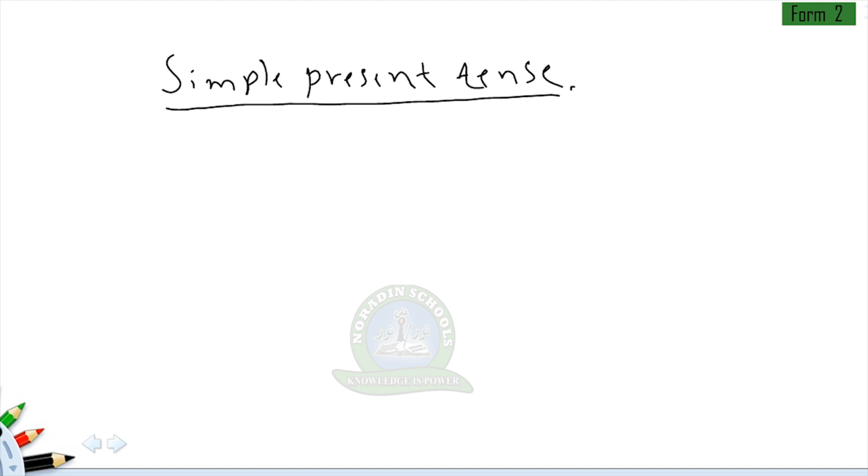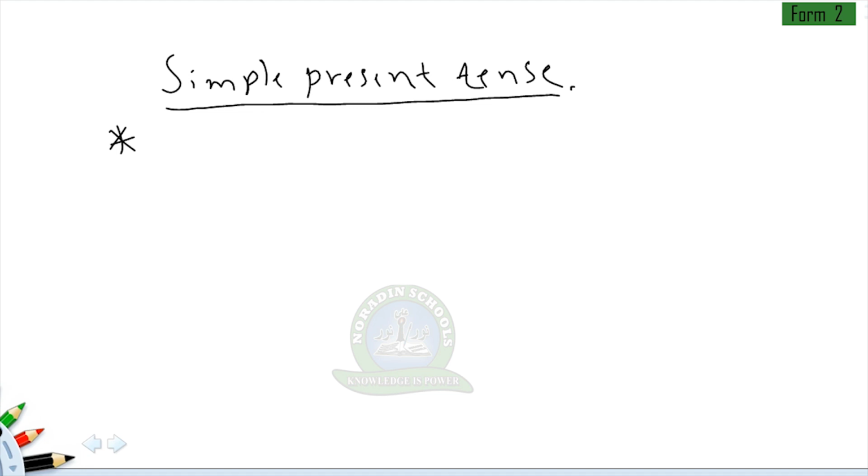First, we define simple present tense, then we will have some examples, and then we will change from active voice into passive voice.